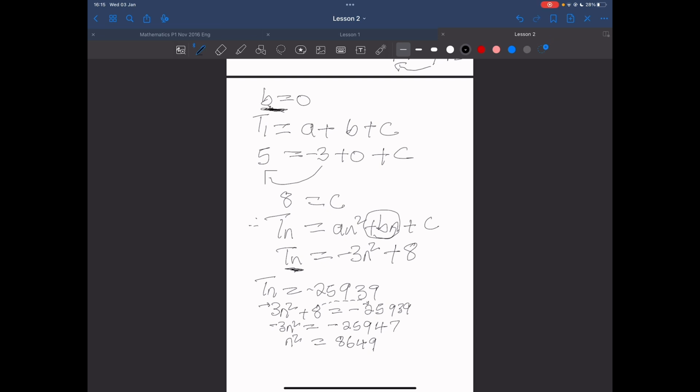Now the square root of n squared, we know that square root is always plus or minus, but because we are talking about terms, they are all positive, so we should remember that. So we take the positive square root of this number. We find the square root of 8649 on our calculators, and we get 93. So in other words, negative 25,939 is term number 93.